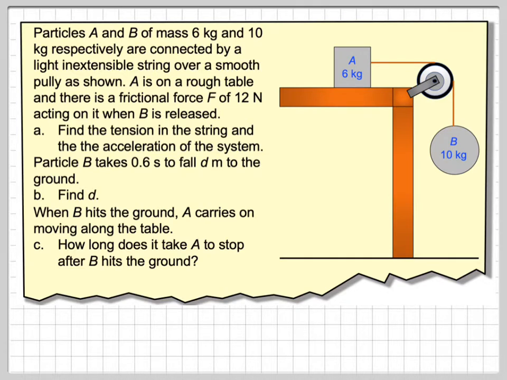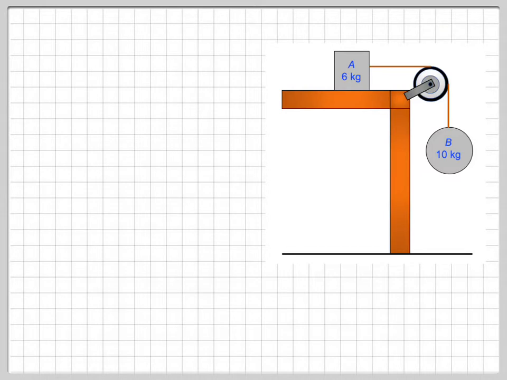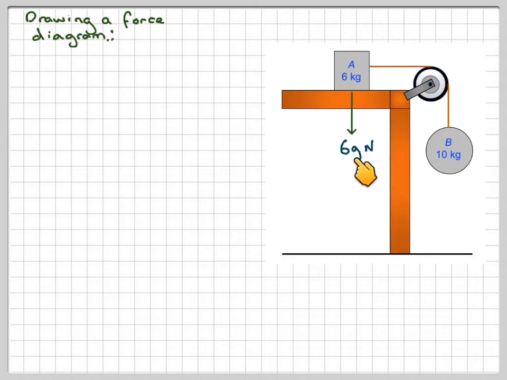What is 100% essential when you do this type of problem is to draw a force diagram. You don't need to draw a posh one like that, but you need to draw a reasonably large diagram and then put on the forces. So for the 6 kilogram mass, there will be the weight acting downward, 6g newtons, and its reaction with the table.